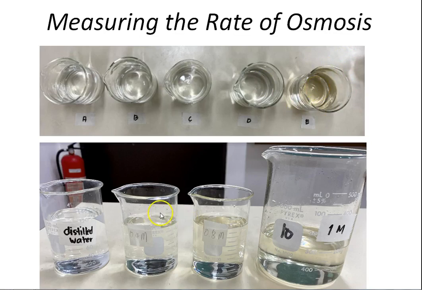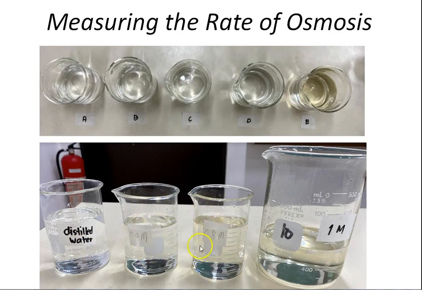Now, let's proceed with filling up our cellulose sac. So we will now fill up the cellulose sac with our designated solution. For sac 1, we will place 10 ml of distilled water. Sac 2, we will place 0.4 mole of sucrose solution.